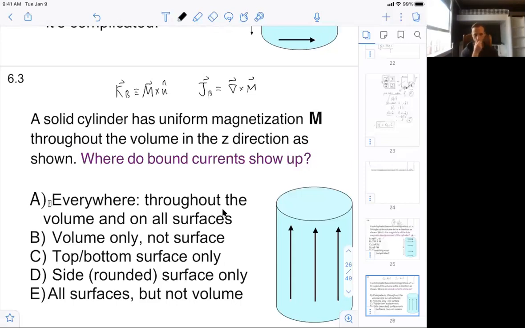So which one do you think we have, or do we have both? We have the bound volume current for this kind of magnetization. Do we have a non-zero curl for M? M is uniform, pointing upward. The curl of M, zero or non-zero?